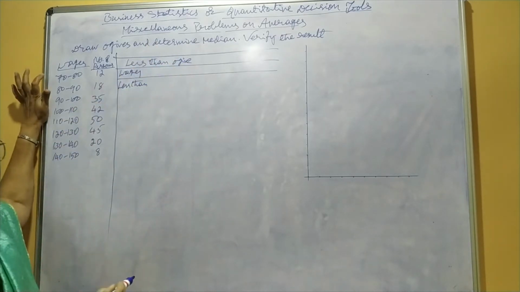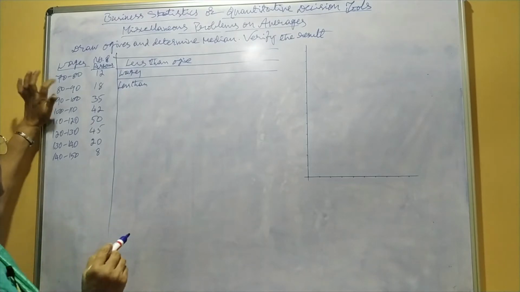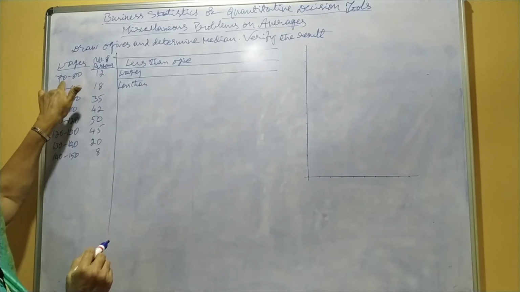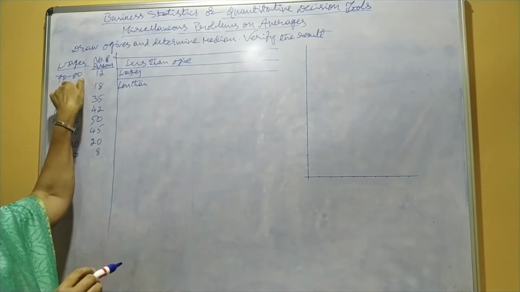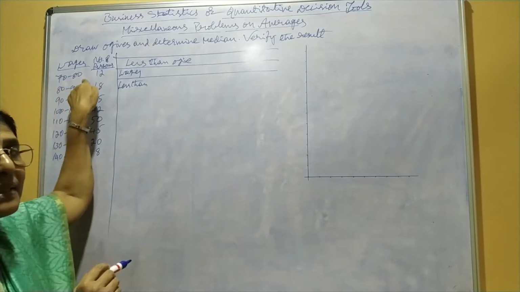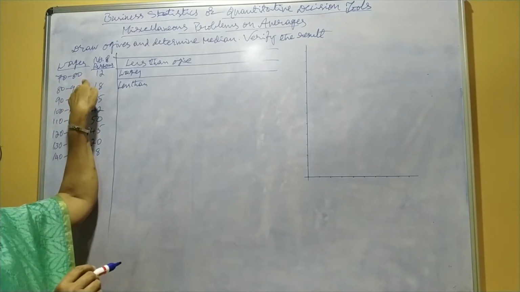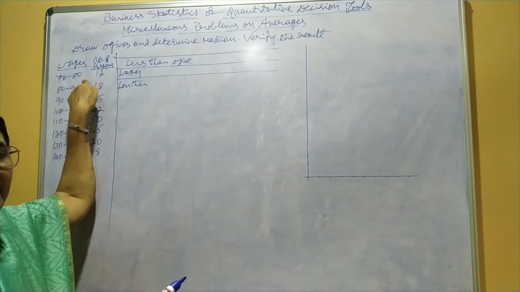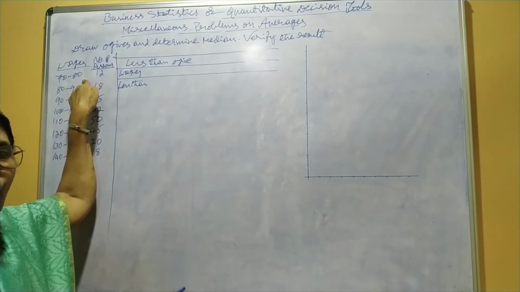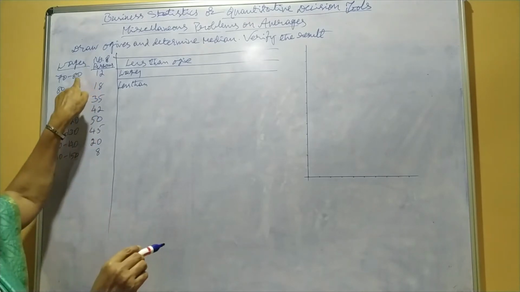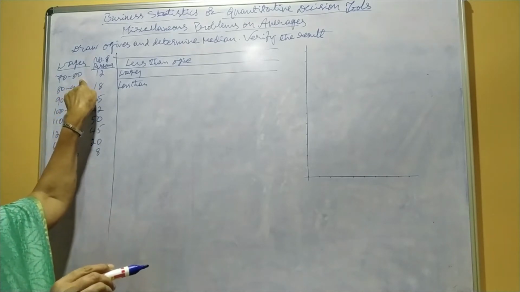One thing you have to keep in mind: even though the class is 70 to 80, we read it as more than 70 but less than 80. In case you are asked to calculate mean, median, mode, then only upper limits will be given, not lower limits.